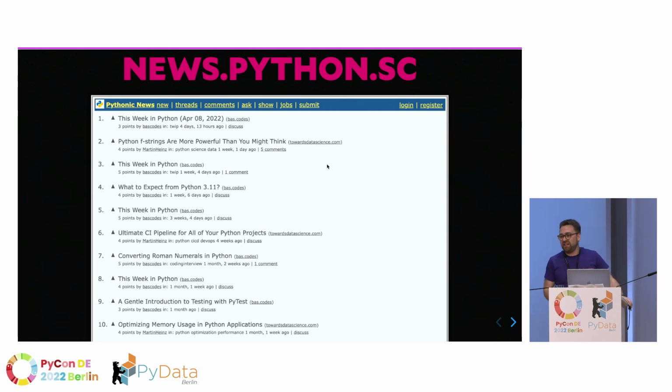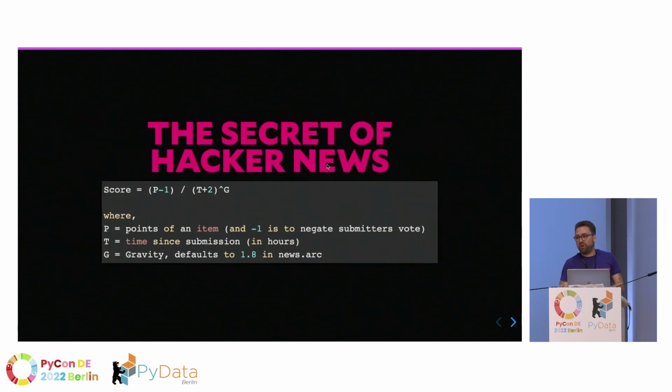This is basically a Hacker News clone I've built in Django. And I want to talk about the ranking algorithm behind it. What makes a story pop up first, and what is taken into account for the ranking? Obviously, the ranking of a story is a function of the number of upvotes and the freshness of the story.